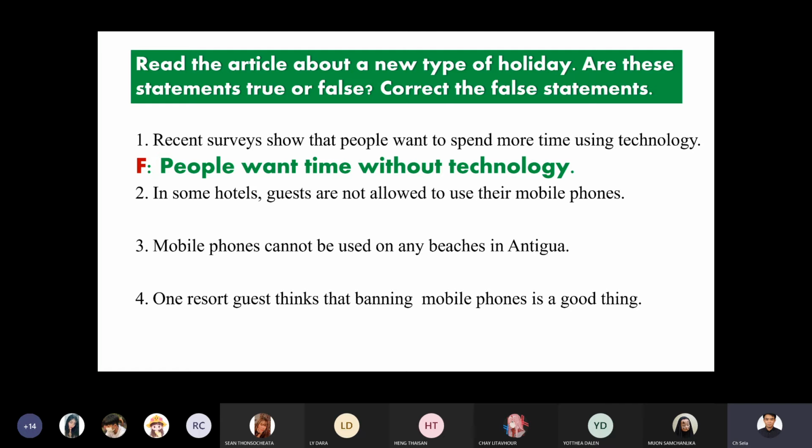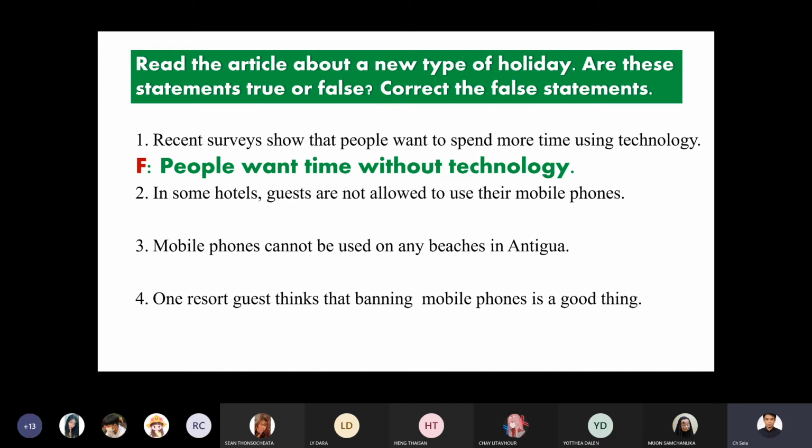So if you just stay with someone you love or with your family and you're fixed on your phone all the time, you don't talk to them, you don't have any conversations, you don't do anything with them, you just use your phones, that is not a good time. You can stay at home, you can stay anywhere alone by yourself because you are just with your phone.